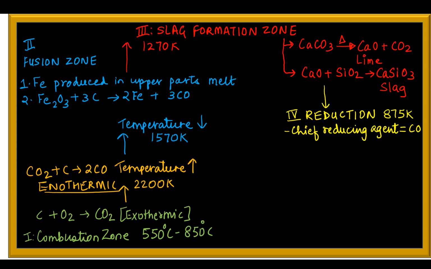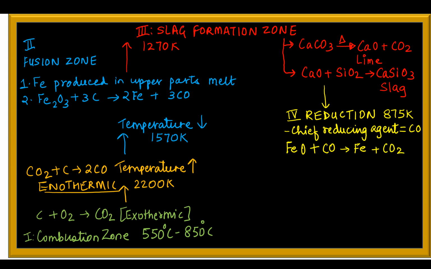And what's going to happen is all oxides of iron are going to be reduced by this carbon monoxide in this chamber. So I'm going to write down the oxides of iron, and the first oxide I can think of is the iron oxide, which is FeO. That's going to be reduced by carbon monoxide, and the product is going to be iron, which is Fe, plus CO2.